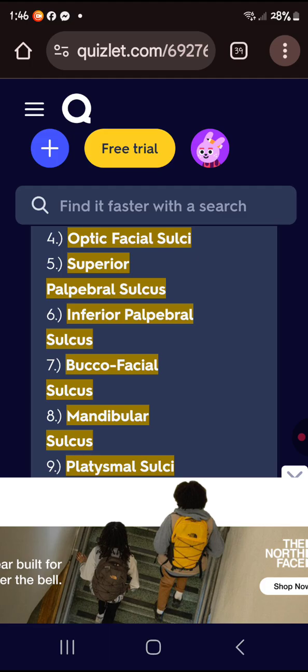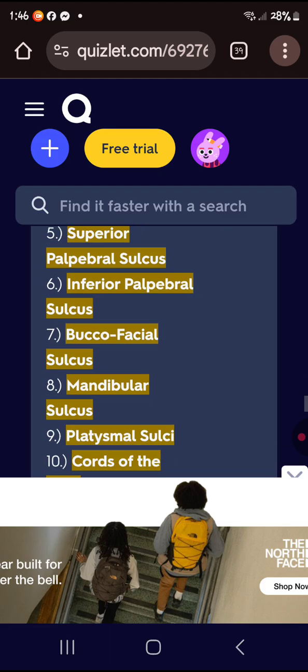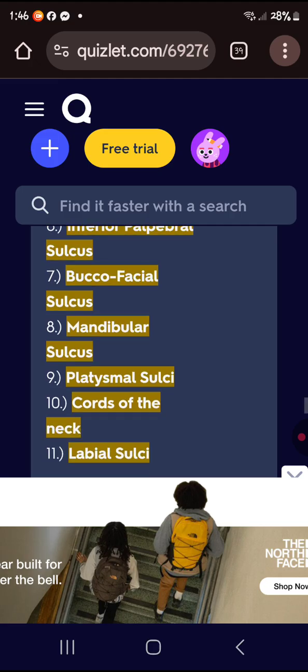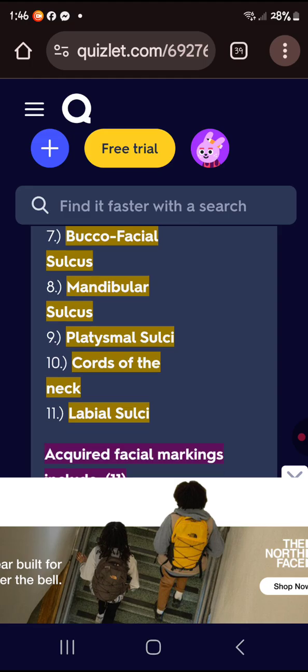Superior palpebral sulcus, that's the upper wrinkles of the eyelid. Inferior palpebral sulcus, the wrinkles around the eye at the bottom. Bucofacial sulcus, that's the buccinator cheek thing with the trumpeter wearing out his cheeks, giving himself bucofacial sulcus.